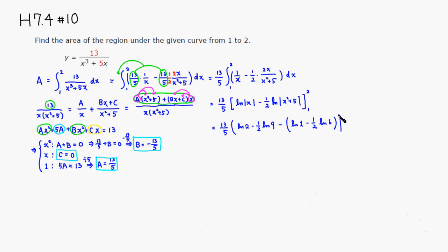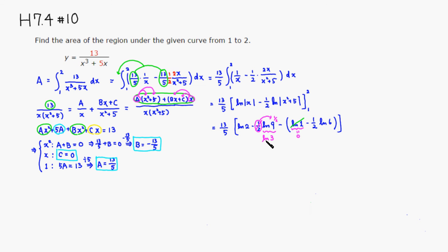Then we just have to simplify that. We're almost done. I'm going to change that to a square bracket so I don't get confused. The natural log of 1 is just 0, so I'm going to scratch that out. Then I'm going to put the 1/2 over here as a 1/2 power, so this is going to be the natural log of 3.